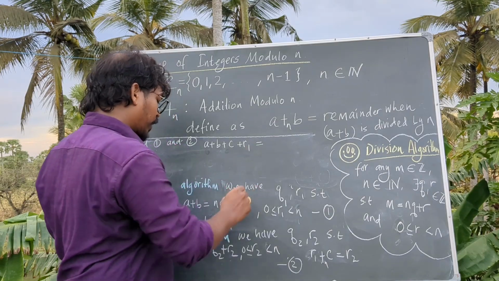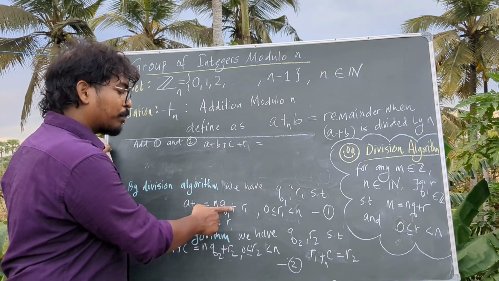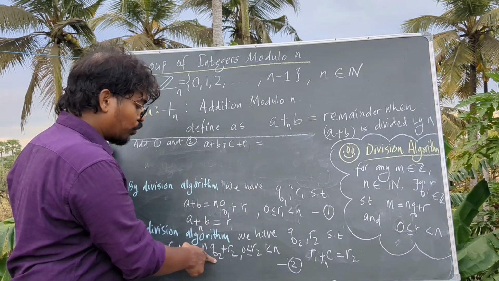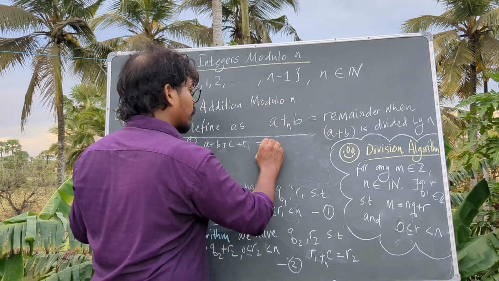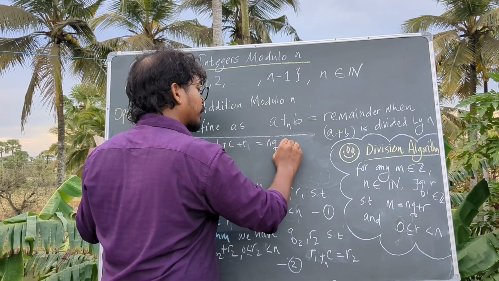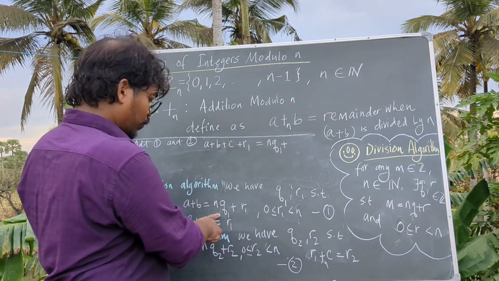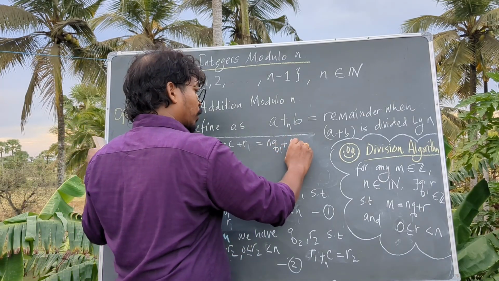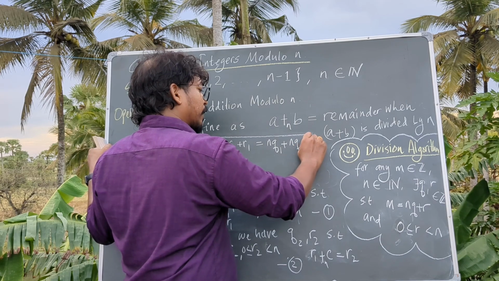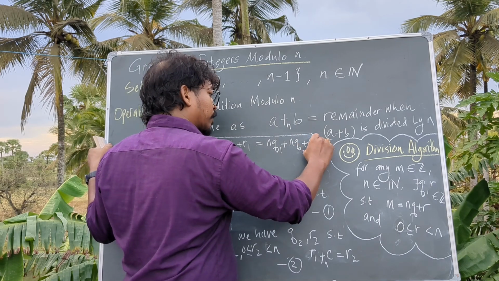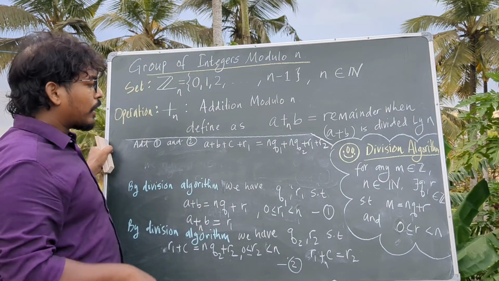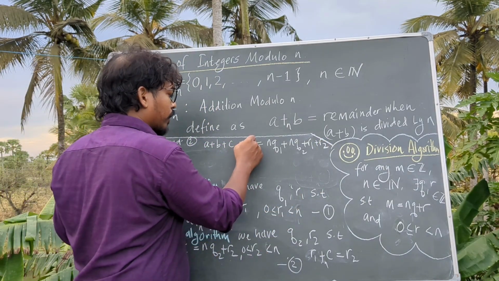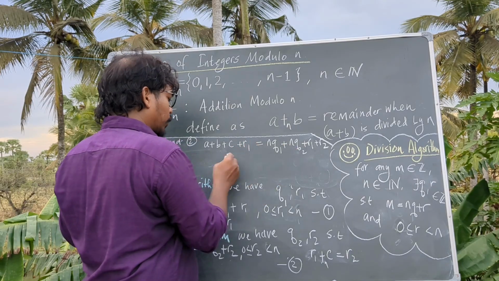On the right side we have NQ1 plus R1, NQ2 plus R2, this is NQ1 plus NQ2 and R1 plus R2. From left side and right side we have R1, I can cancel R1 and R2.